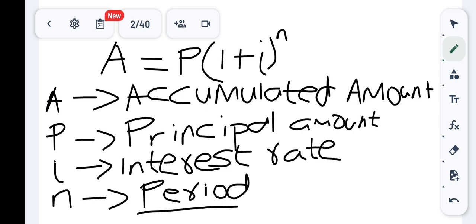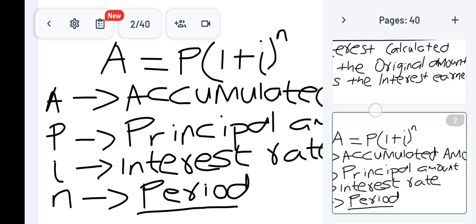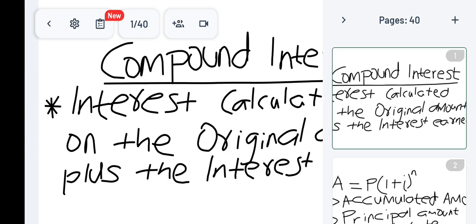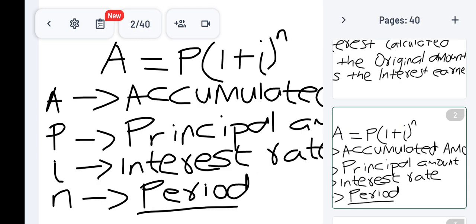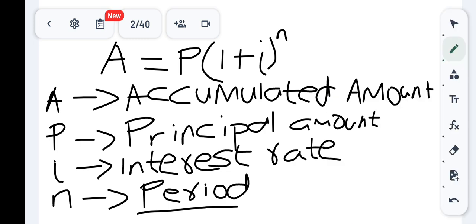All right, but there is something that I want us to discuss here, because this is compound interest. There is what we call the compounding period. Just like I said, n is not the number of years, but it's the period. It can be annually, semi-annually, quarterly, or monthly.